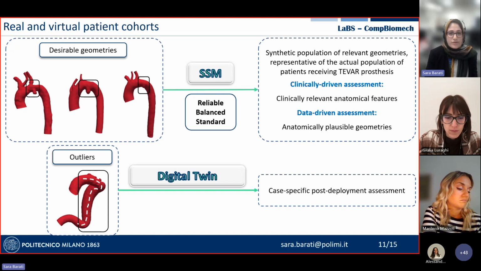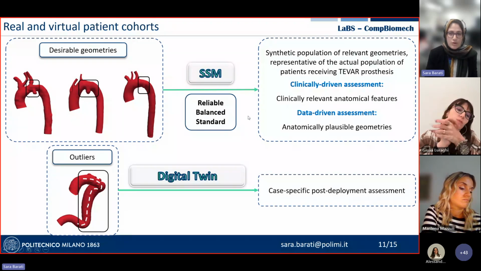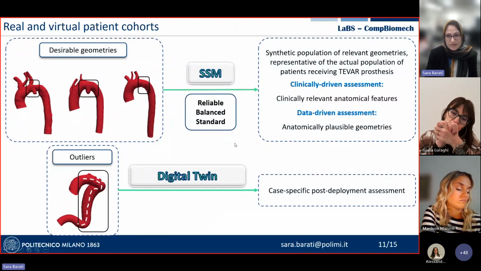And we use a reliable, balanced, and standard distribution of these cases in our original patient-specific population, and use statistical shape modeling and deterministic atlas estimation of Deformetrica to create a synthetic population, which is clinically relevant and anatomically plausible.